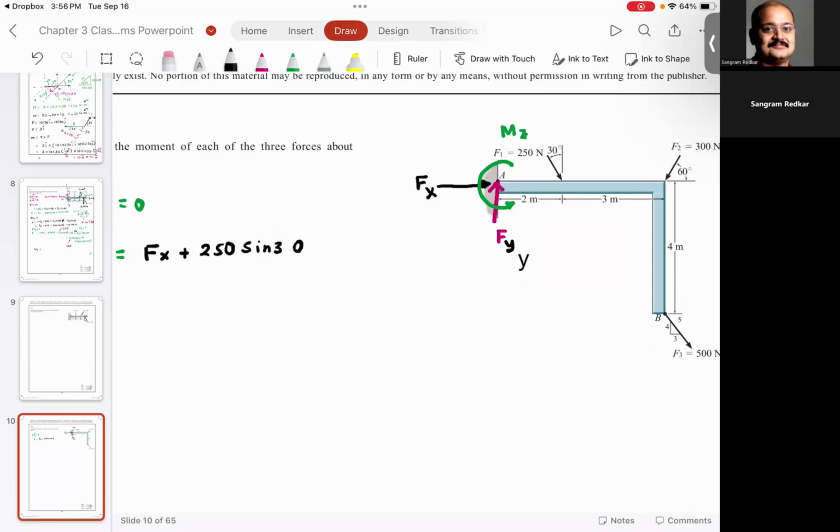Now let's go to the next. What about F2? What would be the horizontal component of F2? This is 60 degrees. Can you see it would be minus 300 cosine 60.